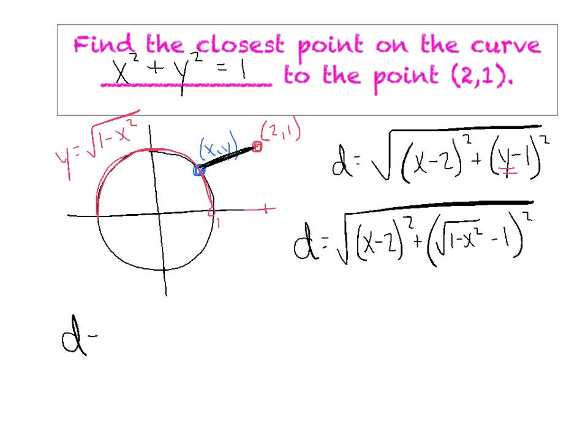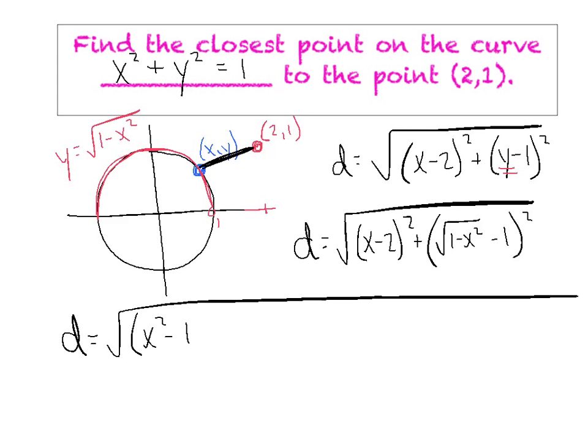So right now, let's see, the first one FOILed out is x squared minus 4x plus 4. Okay, and then the second one, let's see, radical times itself is just going to give me 1 minus x squared. Then the outer and the inner combined will give me negative 2 radical 1 minus x squared plus 1.